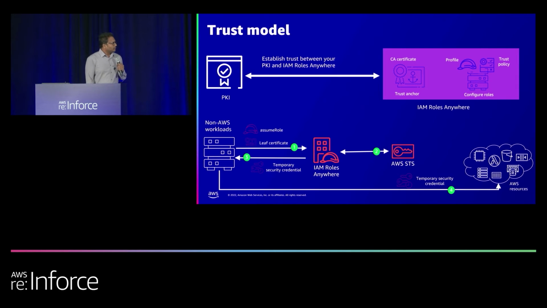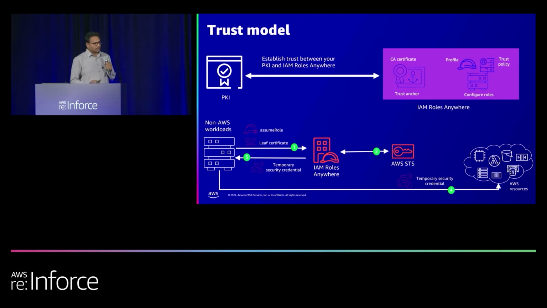So I'm just going to briefly talk about the trust model, like what exactly happens here. As I said previously, the PKI is the source of identity that is coming from your external customer networks. The identity is encoded in the subjects of the end entity certificates.